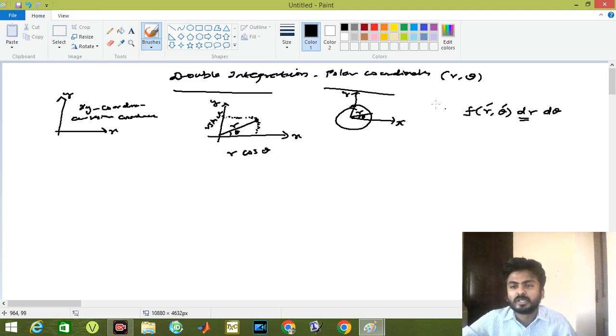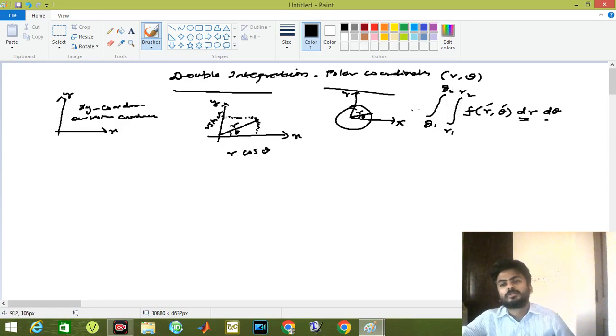Since the first is dr, the limits will be from r1 to r2, and the second integration depends on theta, so the limits will be from theta 1 to theta 2. So in double integration we are going to integrate f of r comma theta with respect to r and theta between the limits r1 to r2 and theta 1 to theta 2. That is the basic fundamental concept of polar coordinates.